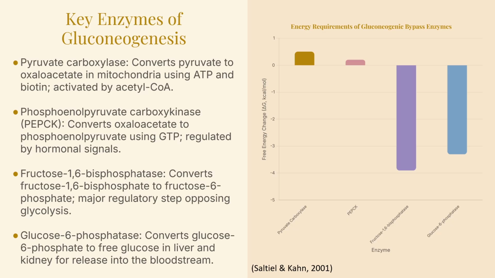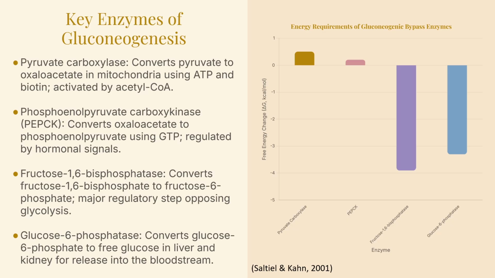It acts as a key control point in gluconeogenesis and functions in direct opposition to phosphofructokinase 1 in glycolysis. This reciprocal relationship helps to ensure that glycolysis and gluconeogenesis are not highly active at the same time.